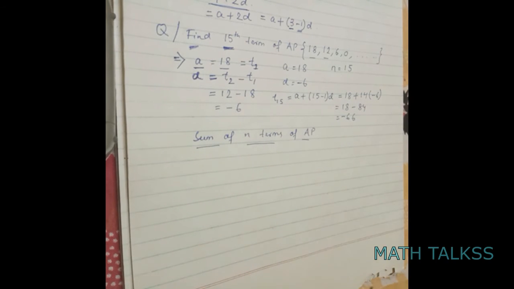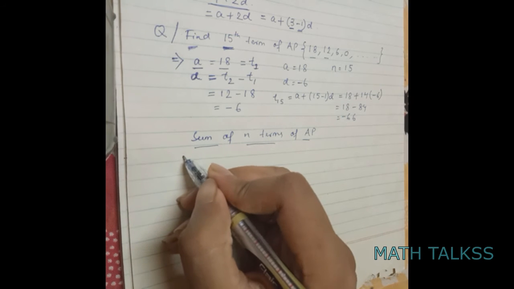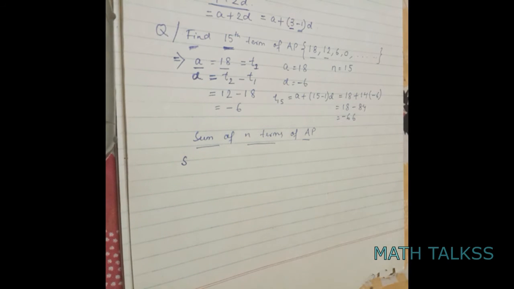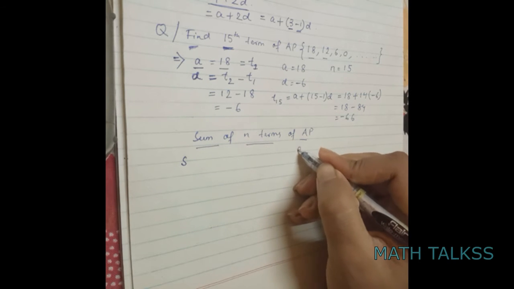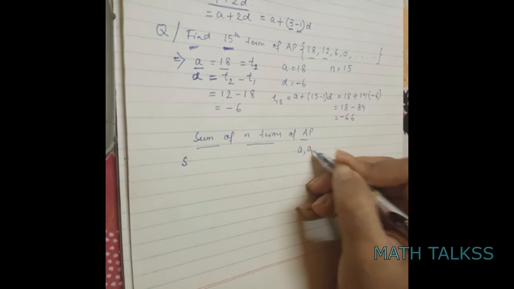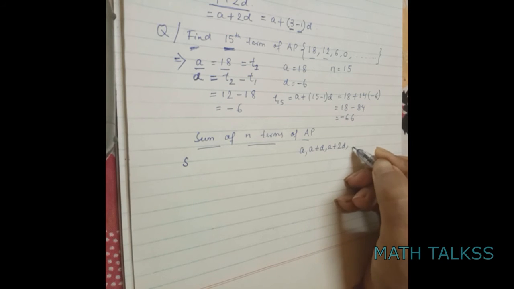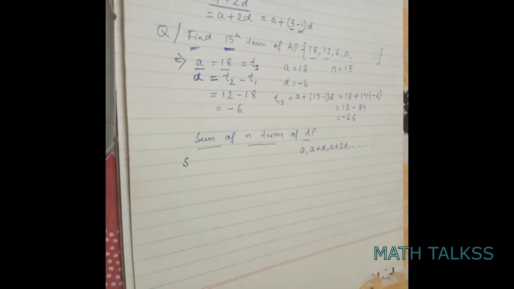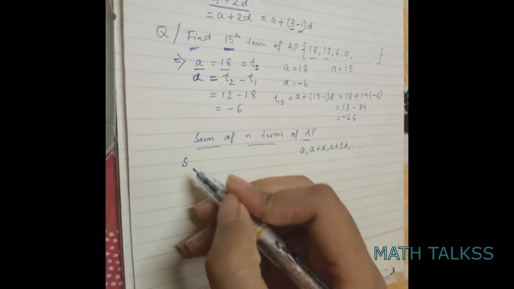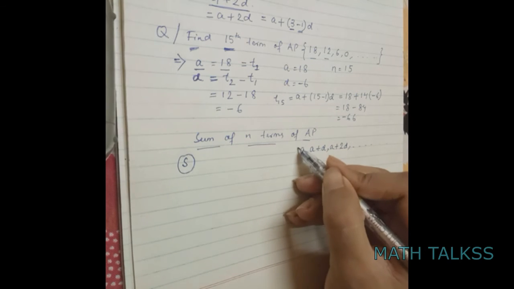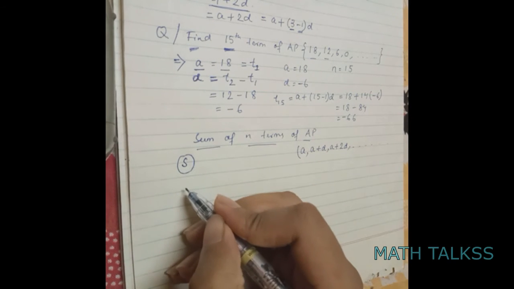Let's denote the sum of n terms of an AP by S. Let's take an AP with a as the first term, then the second term a plus d, the third term a plus 2d, and it continues up to the nth term.